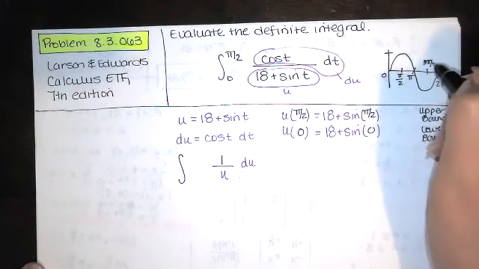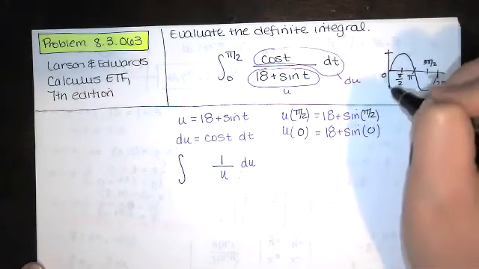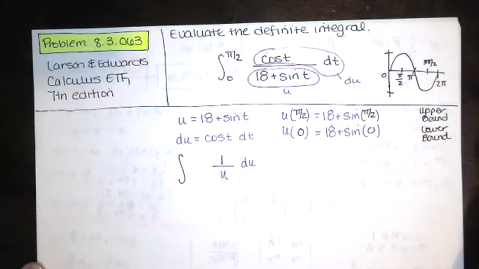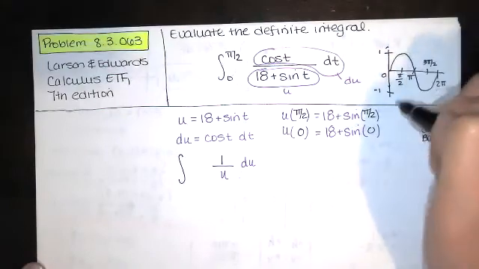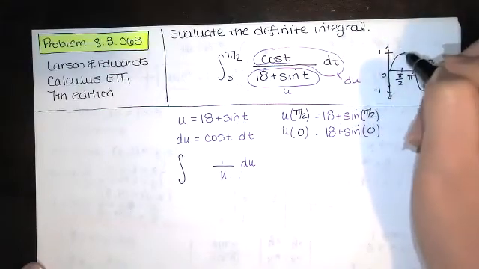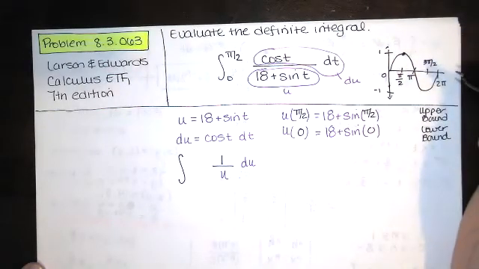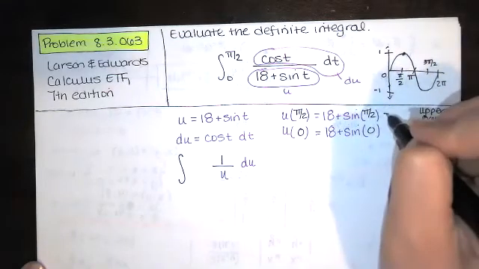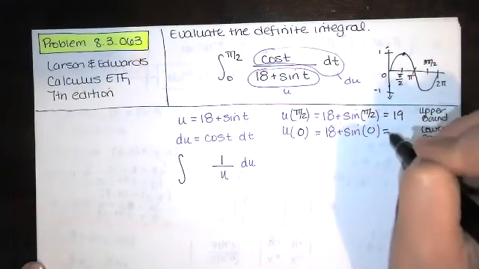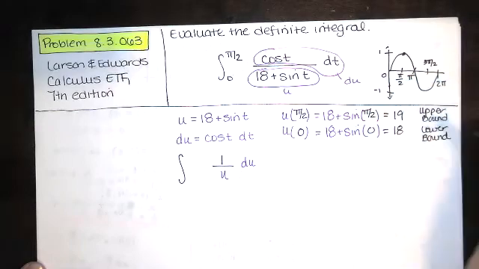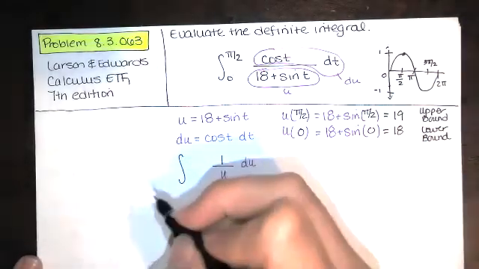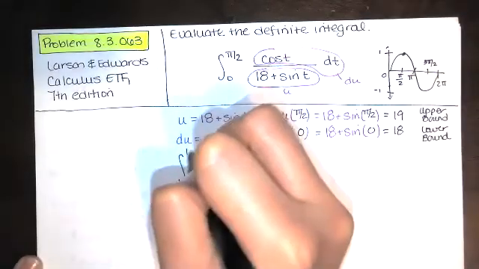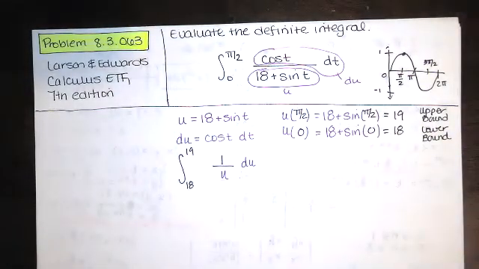Then it goes to its minimum value of -1 at 3 pi over 2, and then it goes back to 0 at 2 pi. So sine of pi over 2 is actually just right there. It's just the y value on that graph, which is 1. So we have 18 plus 1, which is 19, and then 18 plus 0, which is 18. So this is just the integral from 18 to 19 of 1 over u du.